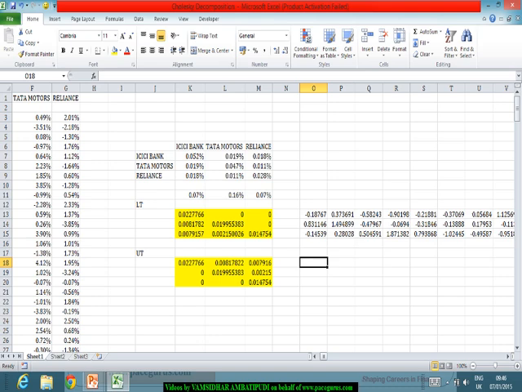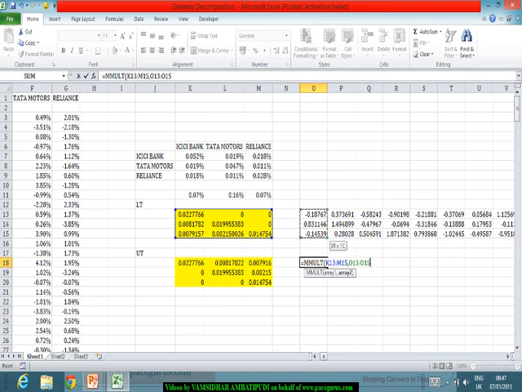At least for one of them, if I want to check what my returns are, if these are the random variables, I multiply them with the corresponding Cholesky decomposed matrix, and I do an MMULT, a matrix multiplication of this with this.